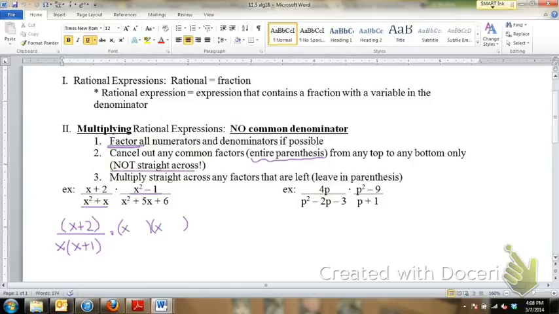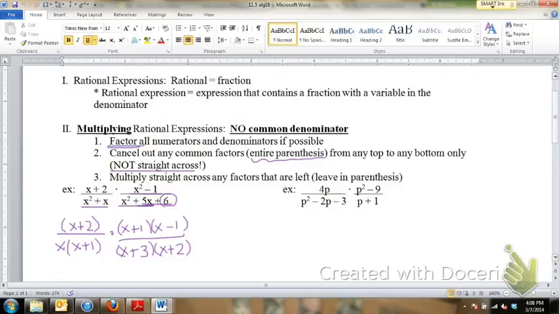So it's x and x, and then it's a plus 1 and a minus 1. And on the bottom, I can factor this with 2 parentheses. Two numbers that multiply to 6 and add to make 5 could be 3 and 2 or 6 and 1, but if everybody's positive, I'm going to have to use 3 and 2.